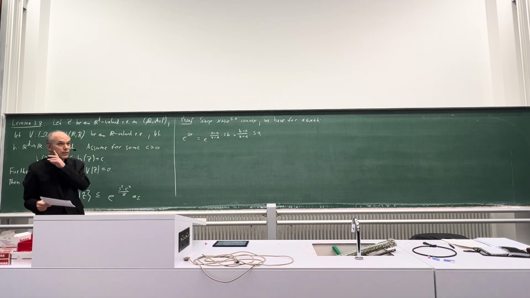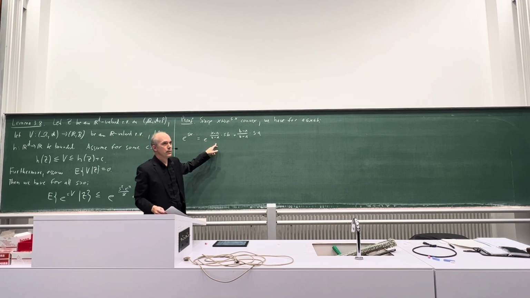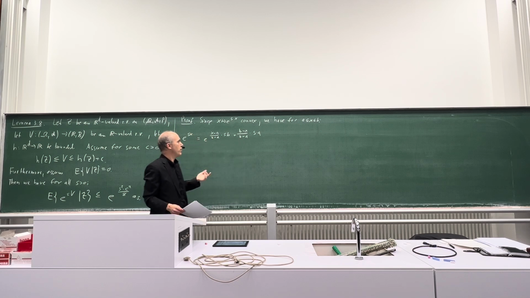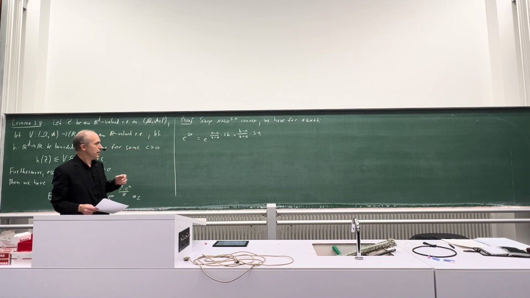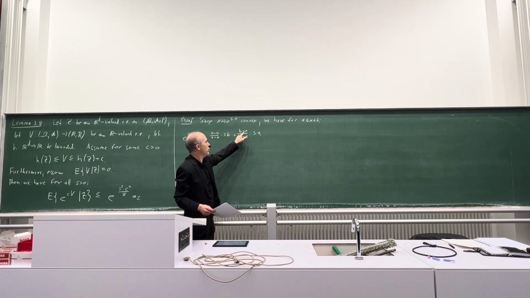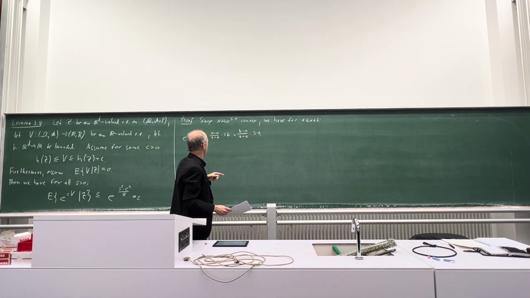Now you can look at this. Of course, these weights are greater or equal than 0, and they sum up to 1: x minus a divided by b minus a plus b minus x divided by b minus a is 1. And if you multiply the whole thing out, the denominator is b minus a, and in the numerator you have x times s times b, and minus x times s times a.